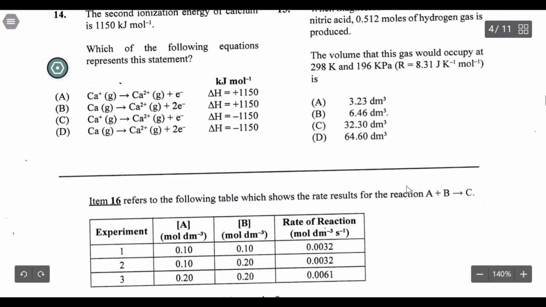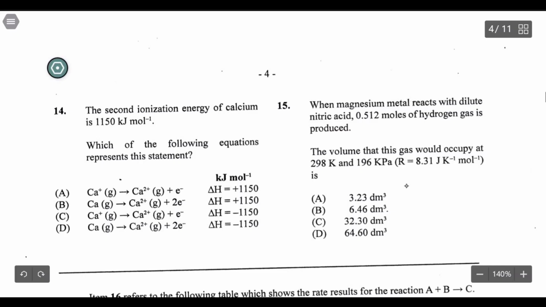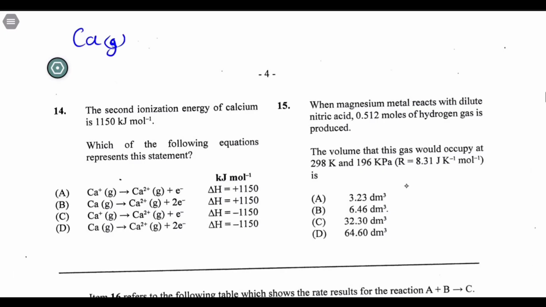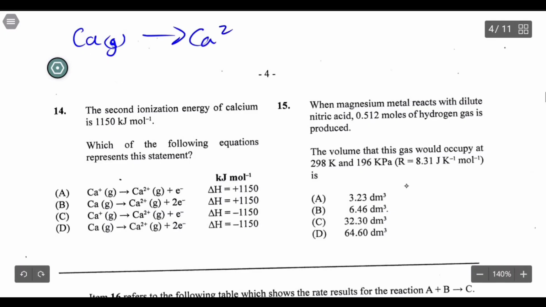Now let's move down to number 14. The second ionization energy of calcium is 1150 kilojoules per mole. Which of the following equations represents this statement? For the first ionization energy, you would have calcium gas giving this Ca plus ion in its gaseous state, plus 1 electron.